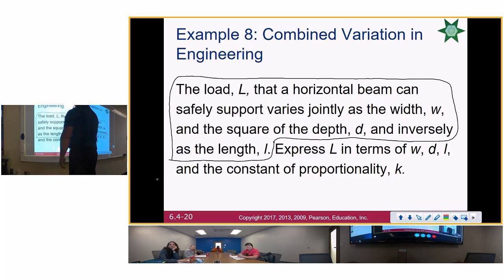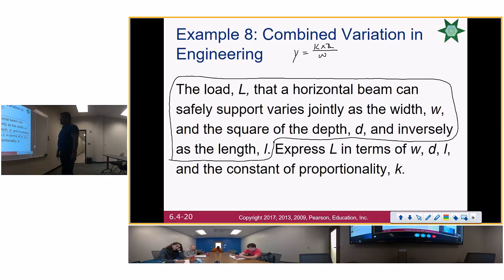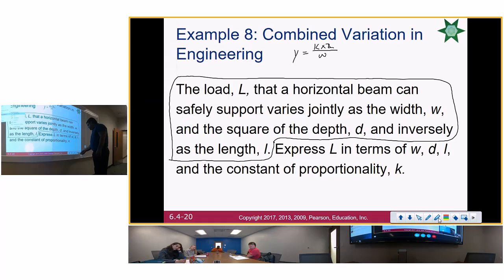So that's y is equal to kxz over w because we've got inverse and joint. Okay, so you need to take your highlighter. I'm going to color my highlighter red. I don't like to do that, but it's very important.